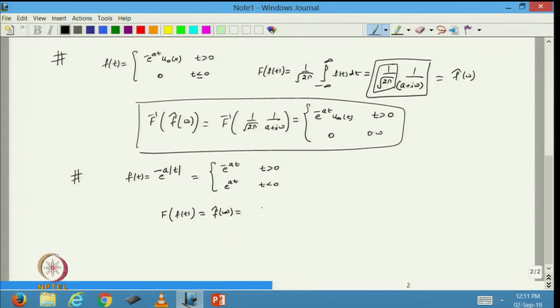this will be 1 over under root 2 pi, and then I will split my integral from minus infinity to 0, it will be e raised to a t, e raised to minus i omega t dt, plus, and then from 0 to infinity it will be e raised to minus a t, e raised to minus i omega t dt.